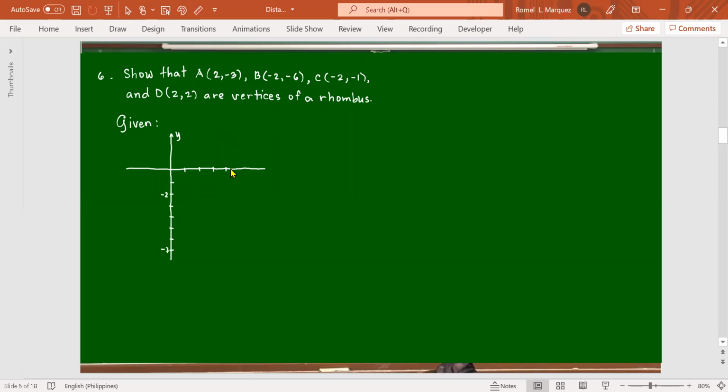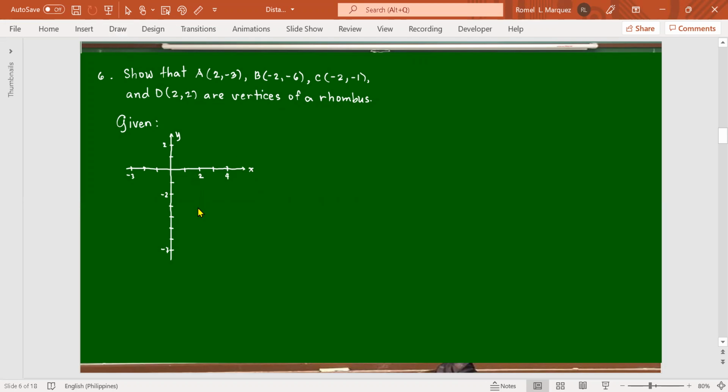I think that's enough. Then we have negative 1, negative 2, negative 3, 1, 2. Okay? Let's now plot the points.